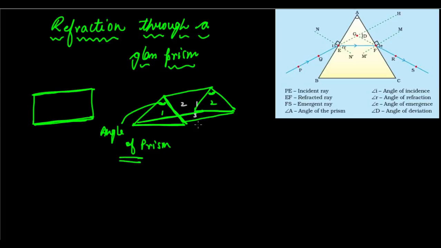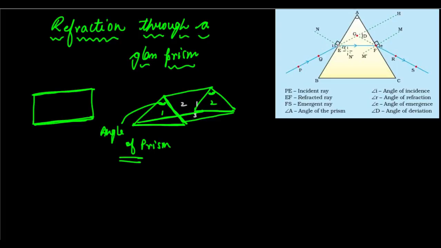So let us study how refraction takes place when light enters a glass prism. As you can see, this is the path of light. PE is the incident ray, and P is here. When the incident ray strikes the glass surface, if we draw a normal which is perpendicular, NN dash is the normal.